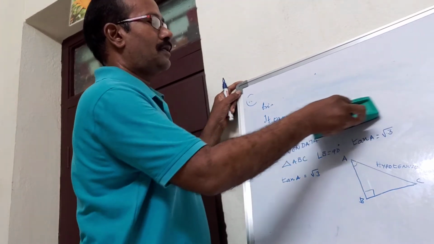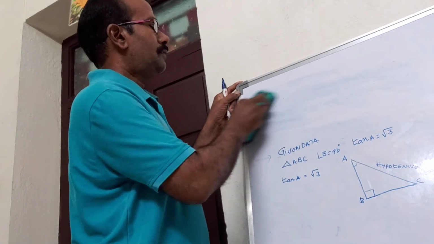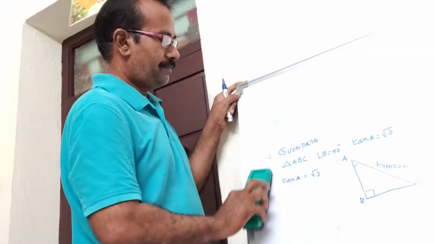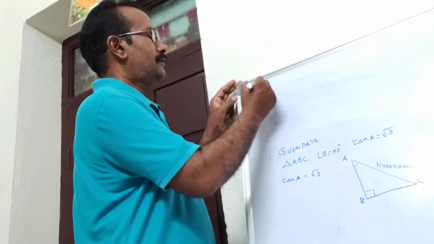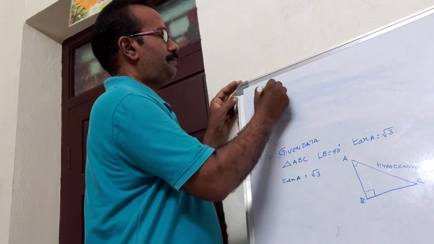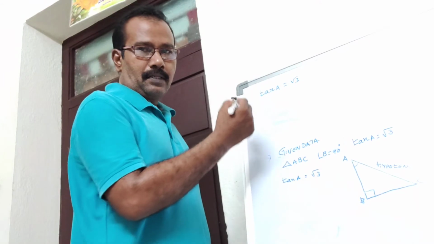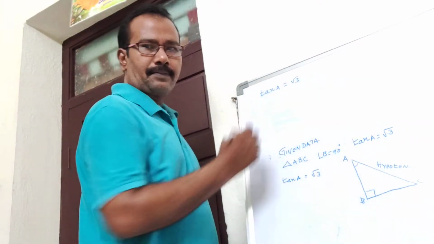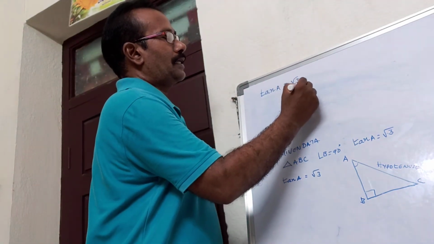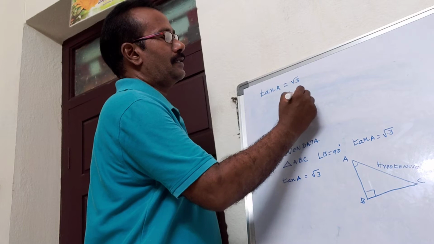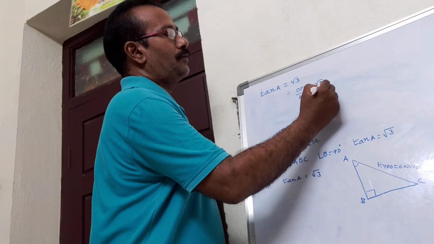What is the formula for tan theta? Tan theta equals opposite side by adjacent side. Tan A equal to root 3 is given. Tan A formula, opposite side by adjacent side, so root 3 by 1.